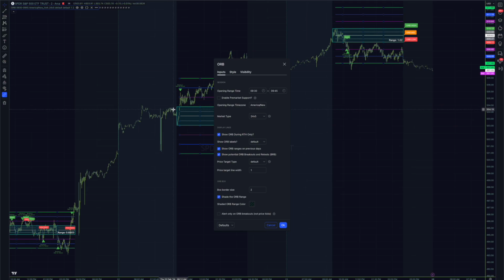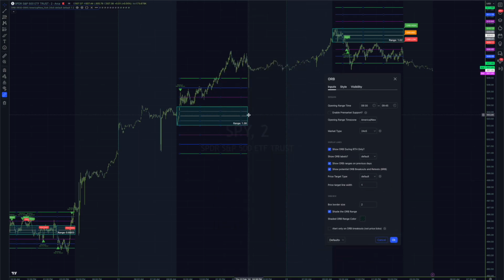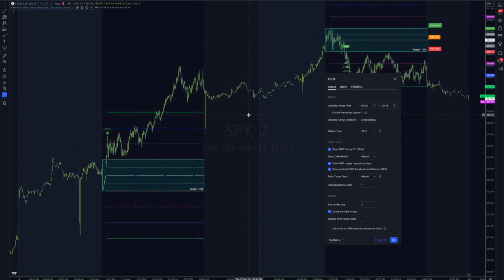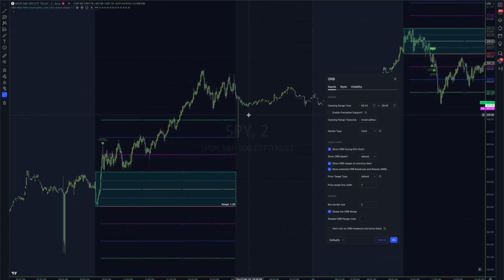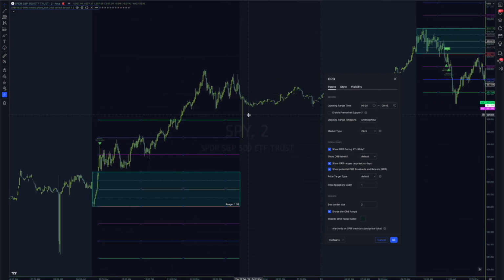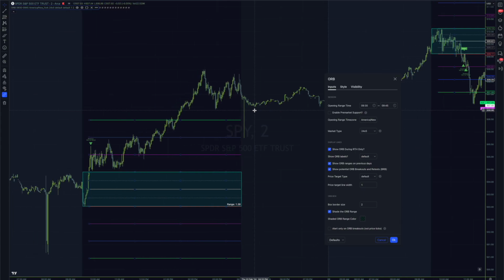And it's based on, at least from what I understand, an old floor trader's strategy and the belief that the first 15 minutes of trading creates a range that is effective for utilizing to trade against for the remainder of the regular trading session.